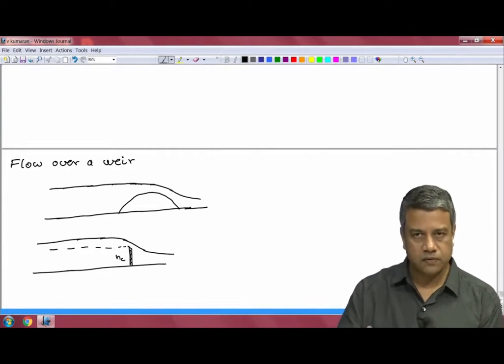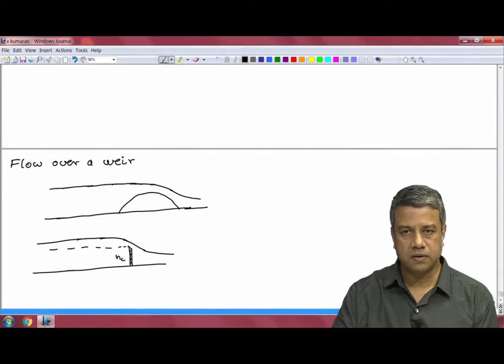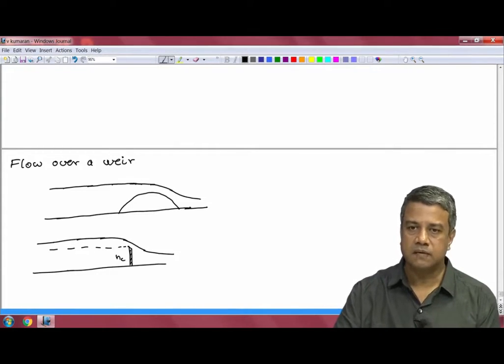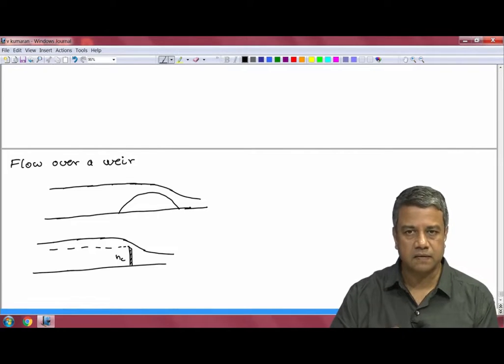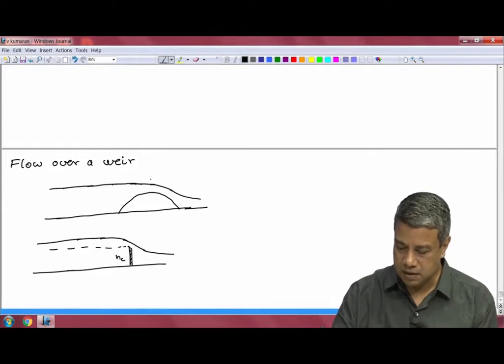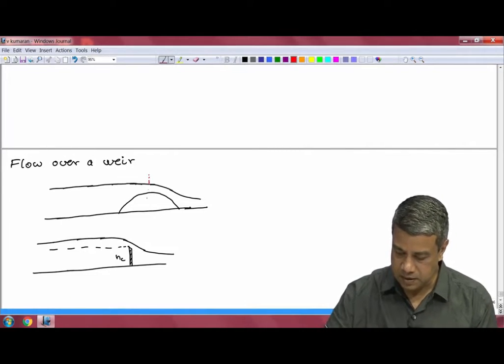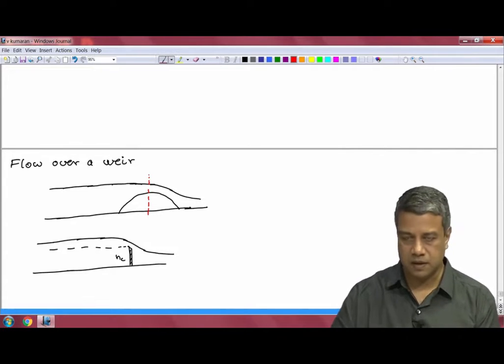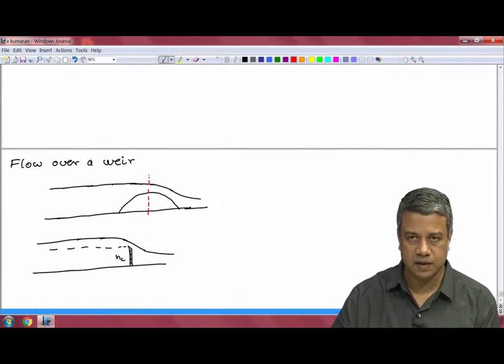So, far upstream the level of water goes to a constant value. You get a constant surface far upstream, where the velocity is small, because the height of that water stream is large, and at that location the velocity is smaller than what it is as it is crossing the weir. So, in this region, where the height of the obstruction is a maximum, that is where you would expect the velocity also to be large.